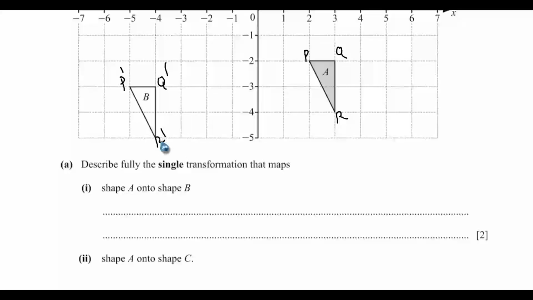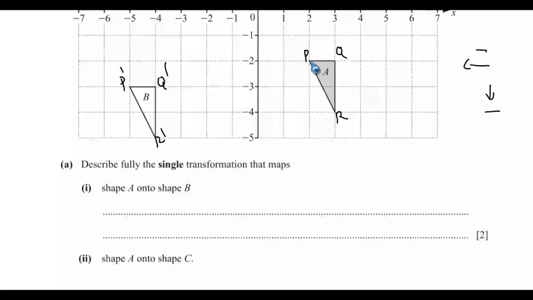So from here, it is clear to us that we have a translation, because the shapes remain the same, only shape A was shifted to the left and downward. Don't forget, to the left will be minus and downward will also be minus.